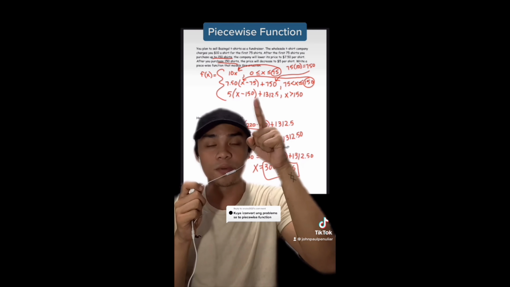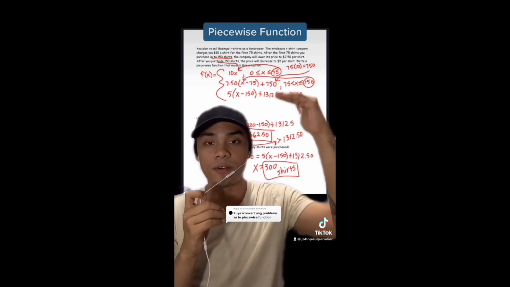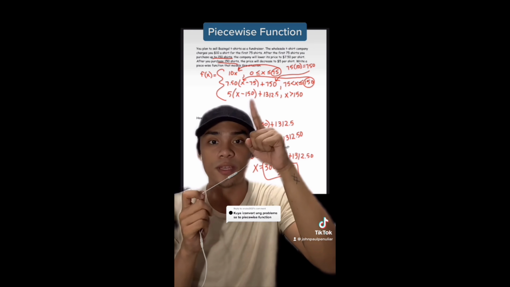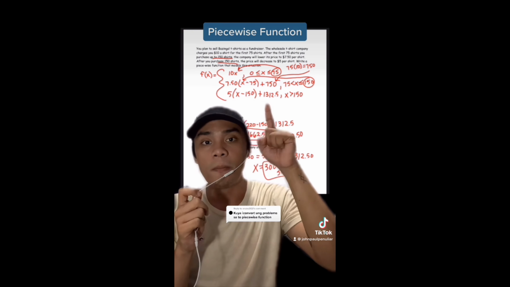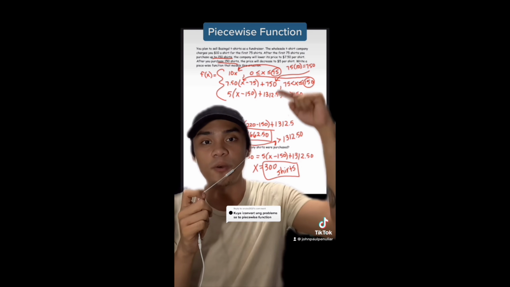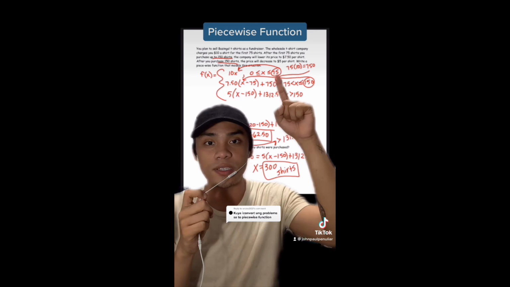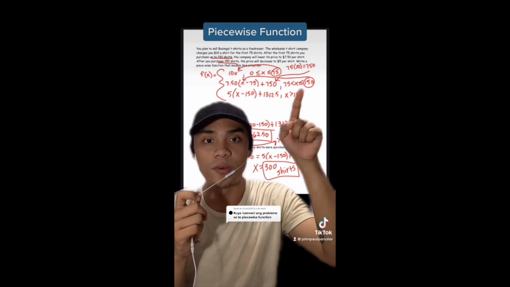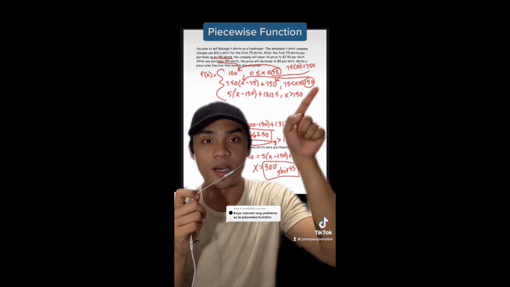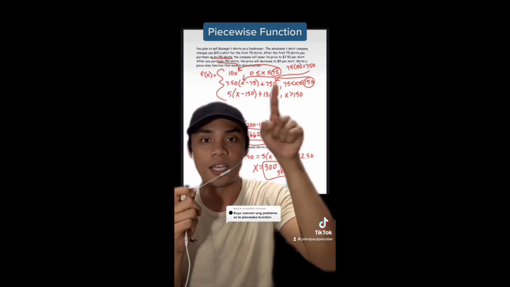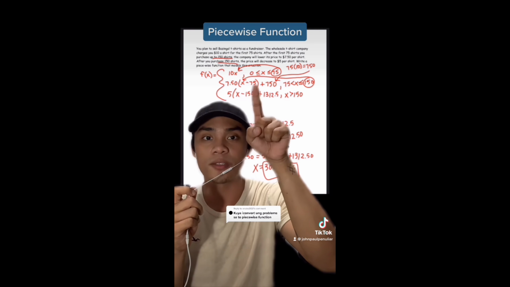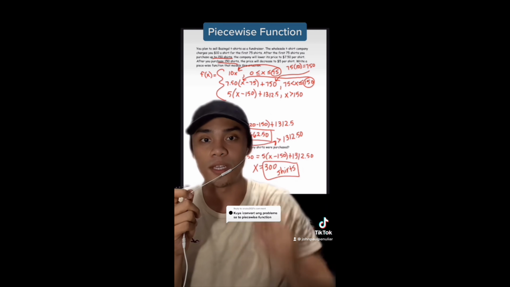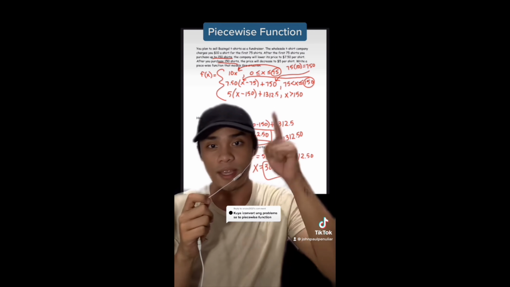So, x minus 150, again, it's above or on top of the 150, since you've gone past it, so it's x minus 150, and you multiply it by 5. Plus, how much did you pay before? The first 75 is 75 times 10, which is 750. And then, for the 150, you apply this: 150 minus 75 is 75, times 7.5, plus 750. That will give you 1312.5. And this is your answer.